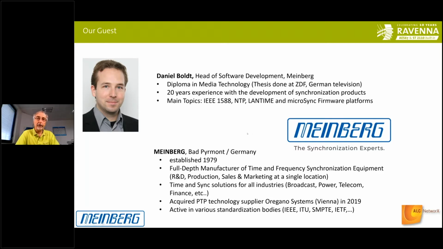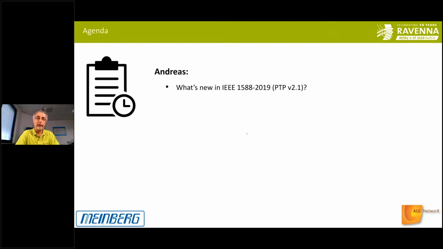So let's jump into the topic. Today's agenda. I will give a brief introduction on PTP version 2.1. This is the update on the IEEE 1588 standard published this year, but since it's finished last year, it bears the number 2019. And of course, I'll go through the discussion, is PTP version 2.1 a must-have or even a deal breaker for everything RAVENNA, AES67 and ST2110.